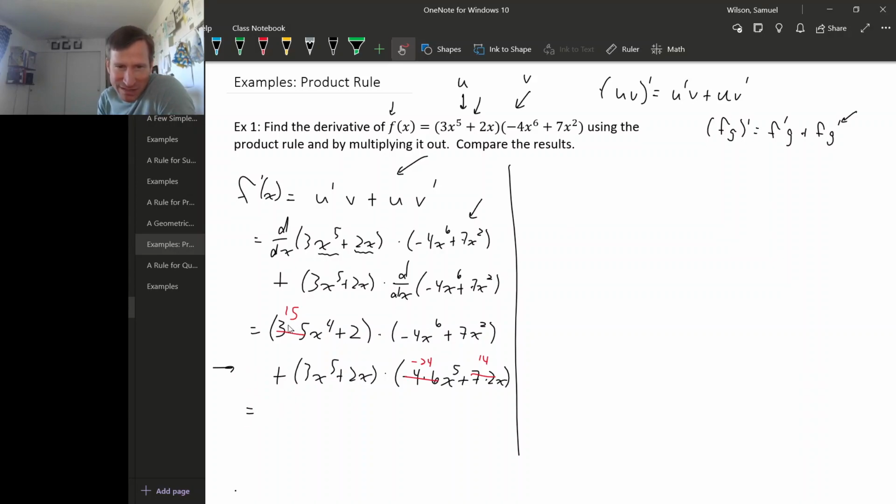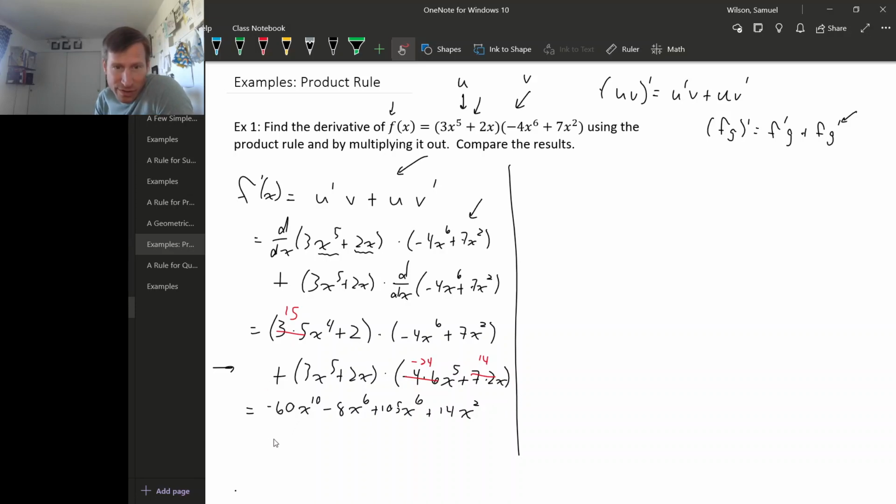So in the first piece, this looks like 15 times minus 4 is minus 60x to the 10th, and then here's a minus 8 times x to the 6th, and then here's 15 times 7, so 105x to the 6th, and then 2 times 7, so plus 14x squared.